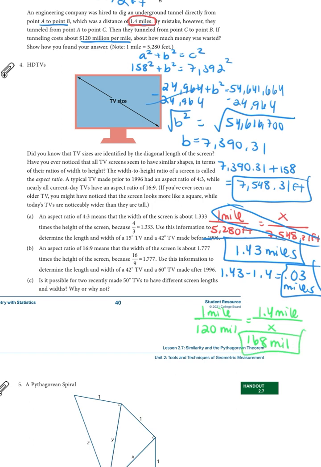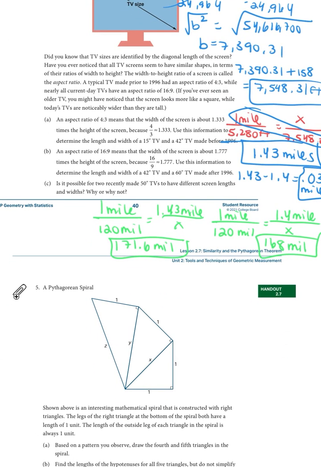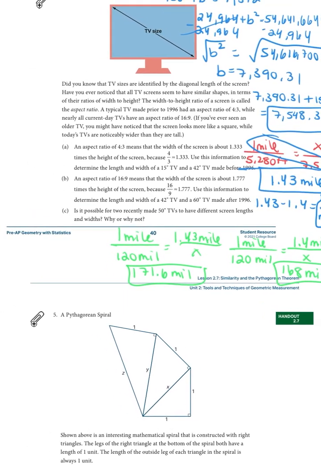Okay, now we're going to do it for how much we actually got. So we had 1 mile is 120 mil, and we had gotten 1.43 miles over x. Multiply that and you get 171.6 mil. Then you subtract these because you want to know the amount that they went over, right?